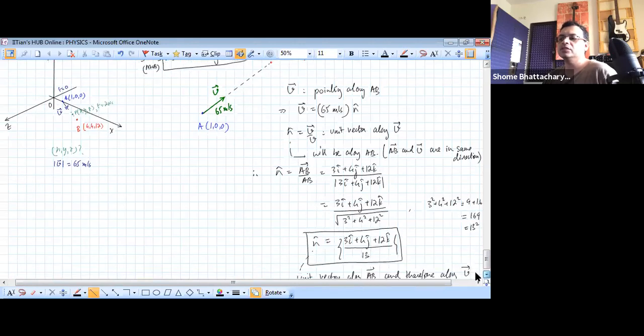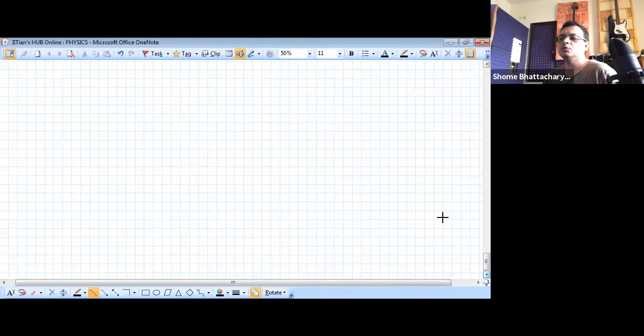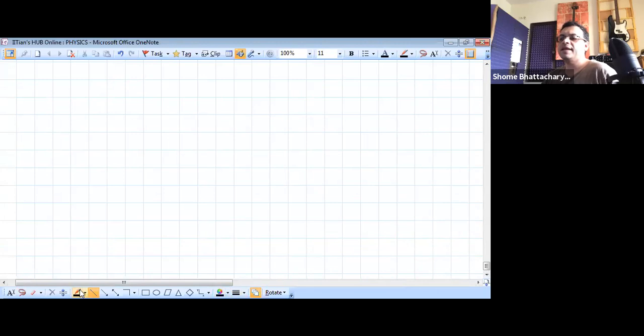So that is nothing but the unit vector for the velocity. The velocity we can now express as we have shown above: we can express the velocity vector as its magnitude multiplied by the unit vector. So the magnitude is 65 meters per second.